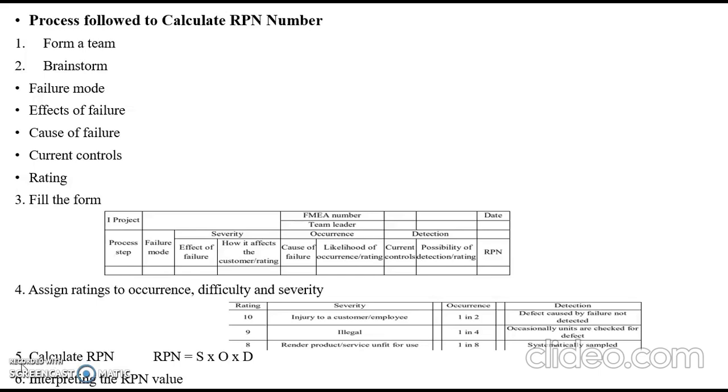Generally, the mode with the highest RPN is established as high priority for improvement. However, if the difference in RPN values for 2 or more failure modes is not very significant, then the failure mode with the higher severity rating receives high priority.